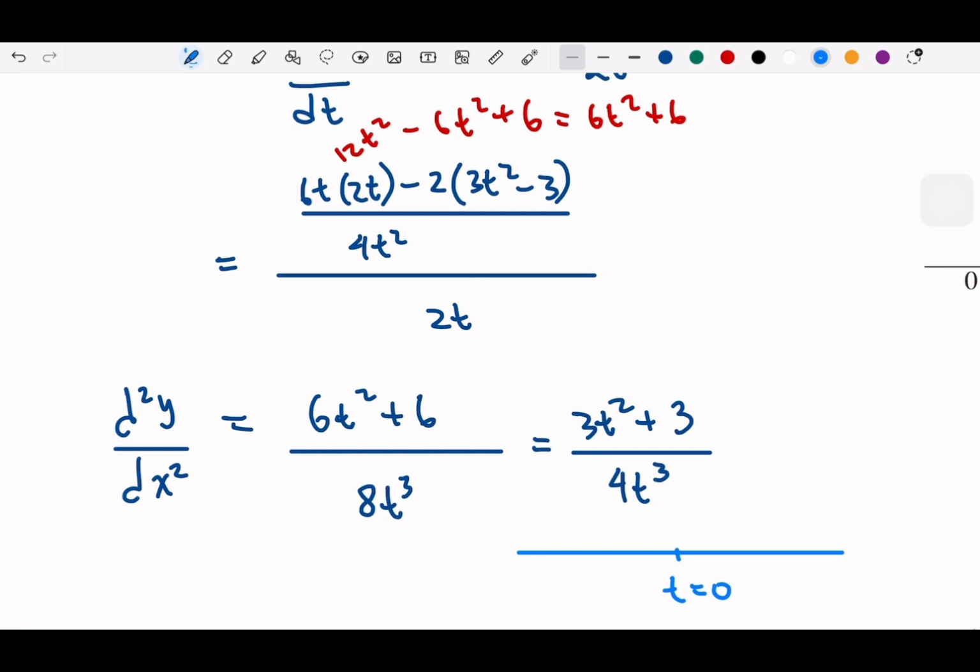Because if we imagine in this equation, 0 would make this undefined. So this is something that we don't want in our equation. So if we take t equals 0, we see when t is positive, all will be positive. And since it has a cube, when it's negative, it will be negative.